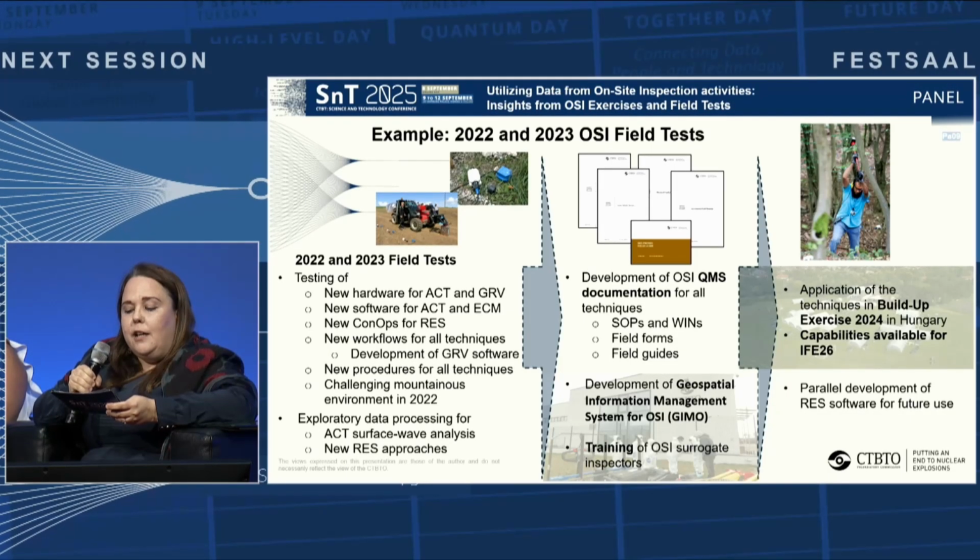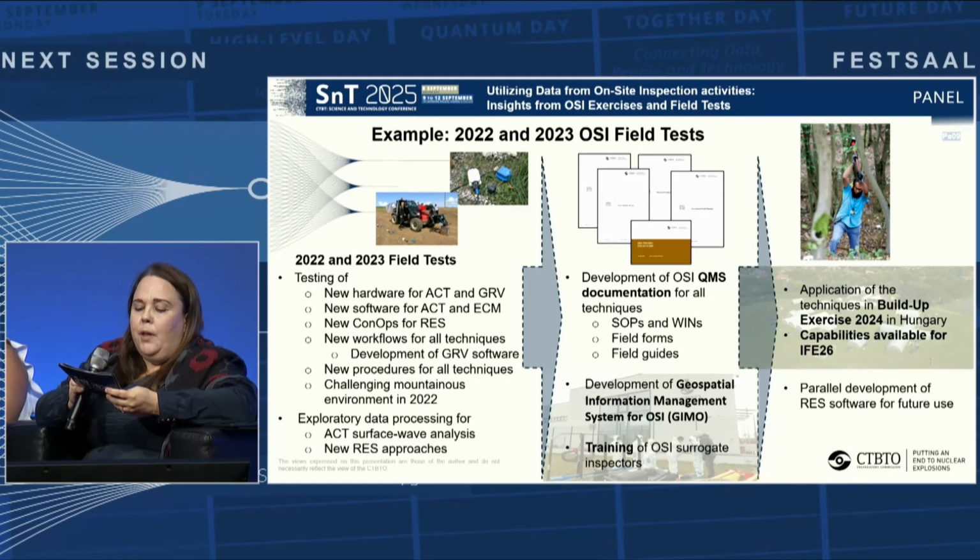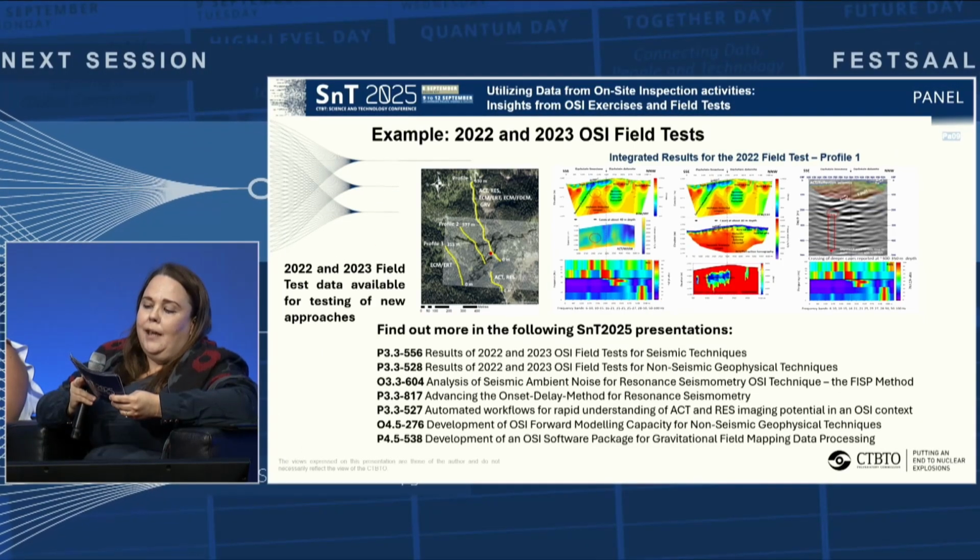Also, the geospatial information management system for OSI has been developed for the techniques, including, for example, electronic field forms. And the surrogate inspectors have been trained. These techniques were then applied already during the build-up exercise 24 in Hungary, and these capabilities are available for IFE planned for the end of next year.